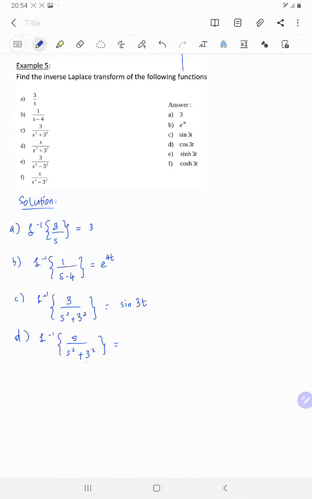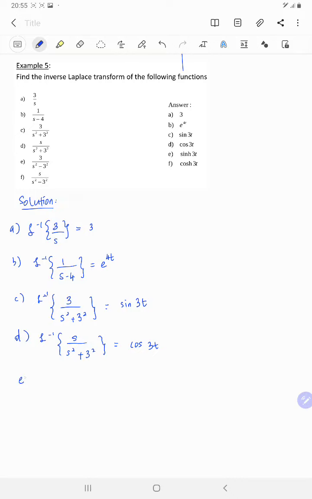So you look at the bottom, s squared plus constant, so that must be either sine or cos. But then you must look at the upper. Since there is s, this is actually cos. But cos what t? So the cos is 3t.